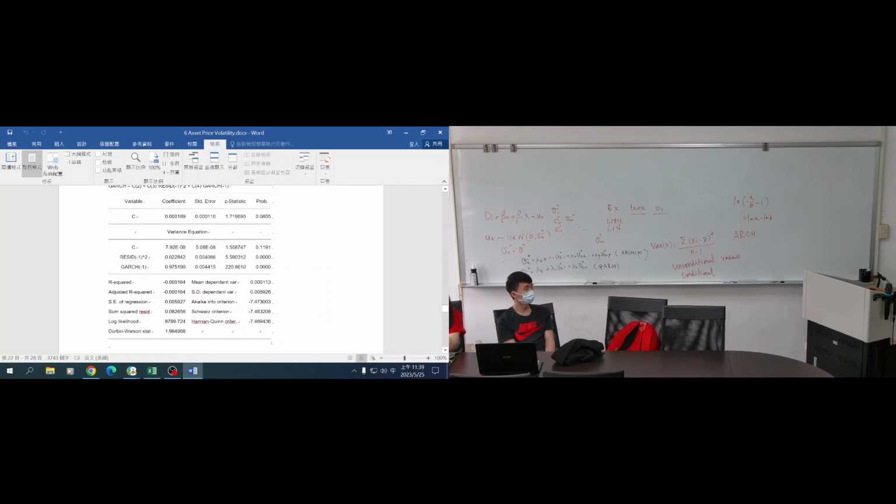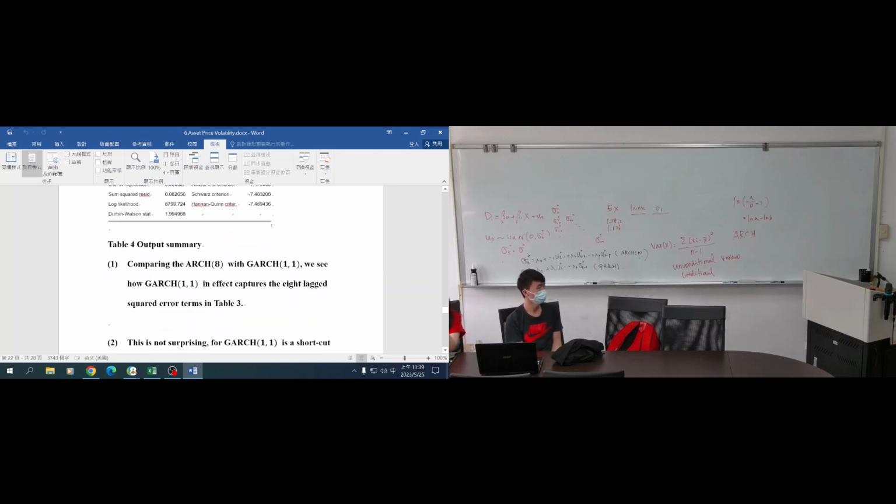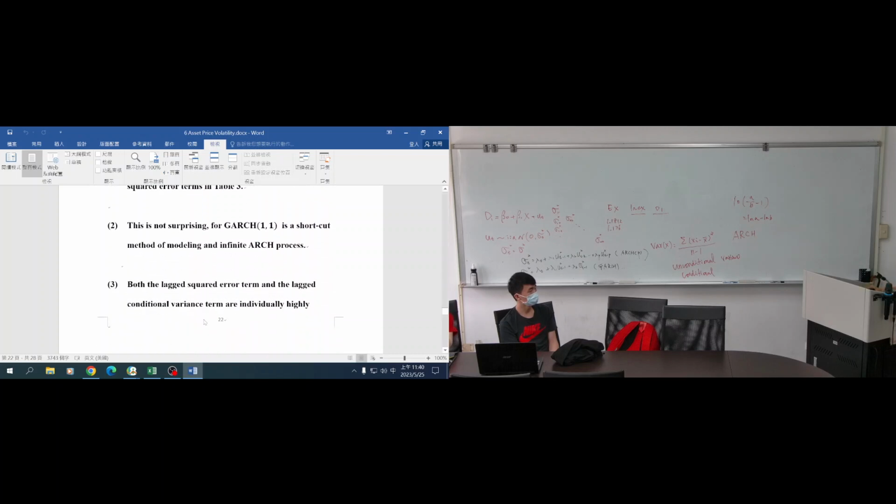Okay, let's see the explanation of this gauge 1-1. Compare arch 8 with gauge 1-1. We see how gauge 1-1 in effect captures the 8 lag square error terms. This is not surprising, for gauge 1-1 is a shortcut method of modeling an infinite arch process.